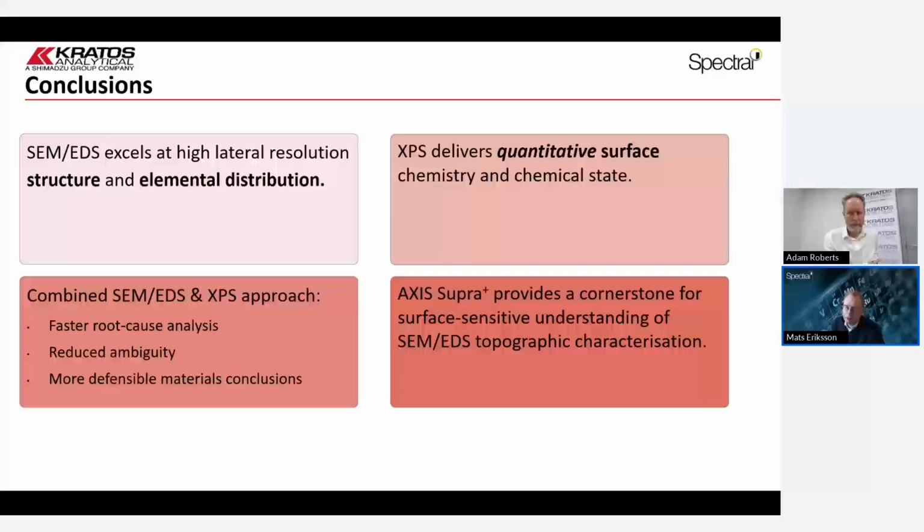I think that brings out also the conclusion about surface sensitivity. XPS really shines in that 1 to 10 nanometer range of the surface, whereas SEM EDS is typically 10 nanometers and thicker, up to maybe a micron, as its comfort zone.